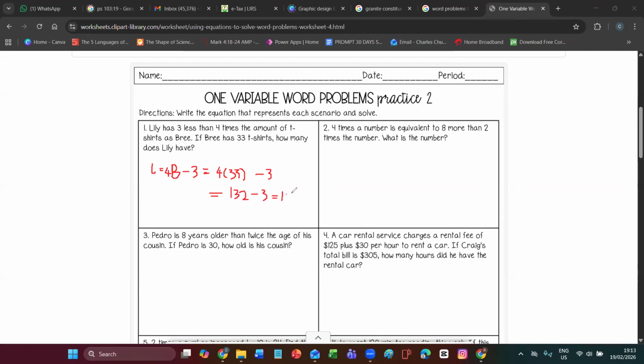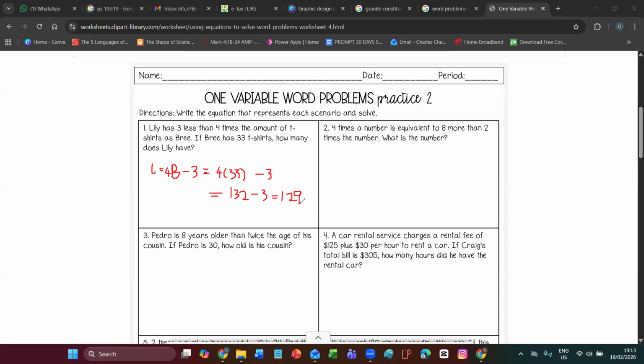Yes, 129. So that would be how many t-shirts Lily has. If we were to solve it that way, that's how it would be.